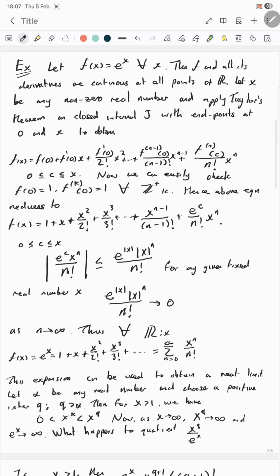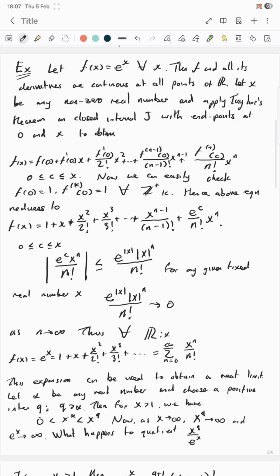Now here's an example. Let f of x equal e to the x for all x. Then f and all its derivatives are continuous at all points of the reals. We'll let x be any non-zero real number and apply Taylor's theorem on the closed interval J with endpoints at 0 and x to obtain this, where c is between x and 0.